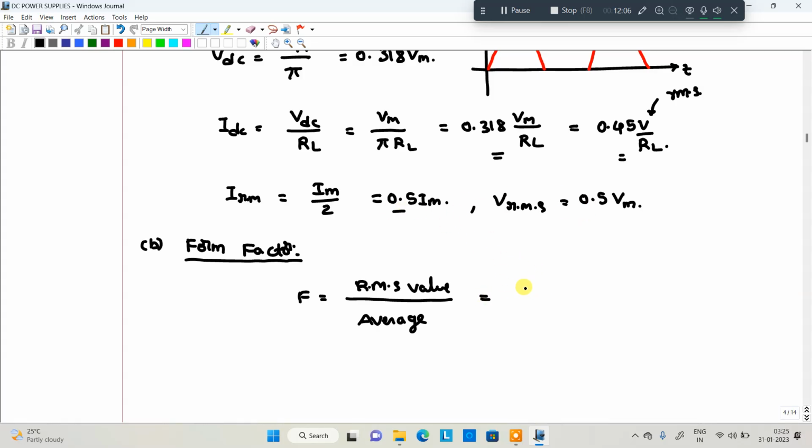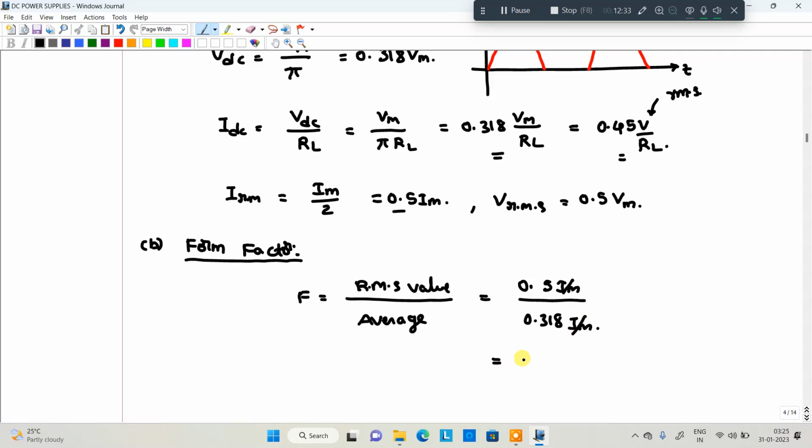So what is the RMS value you got? You take in terms of current: 0.5 Im divided by the average value in terms of current, 0.318 Im, right? From that Im will get cancelled.